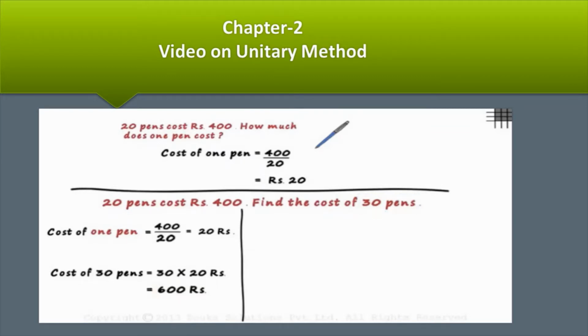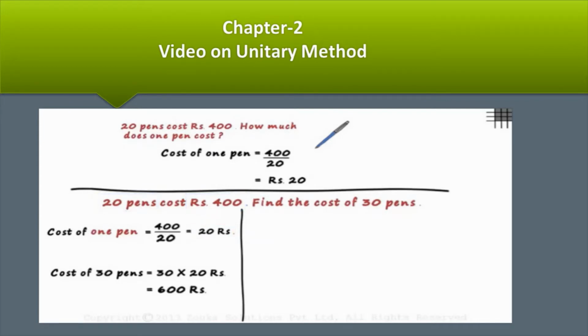Let's analyze what we just did. We were given the cost of a set of pens, and we were asked to find the cost of another set of pens. Here, we are given the total cost of 20 pens. We have been asked to find the cost of 30 pens. To find the total cost of 30 pens, we first found out the cost of 1 pen using this information.